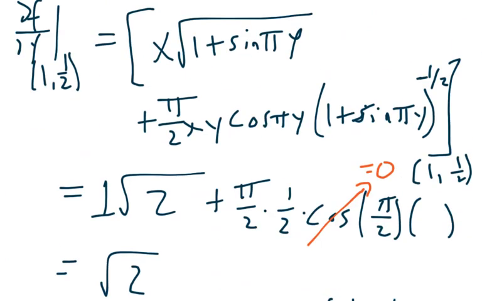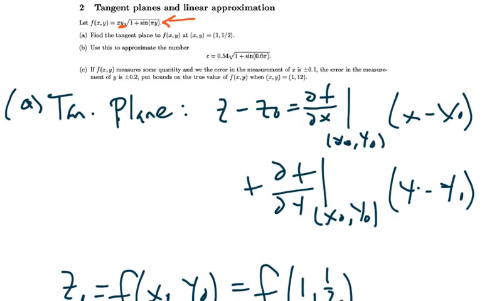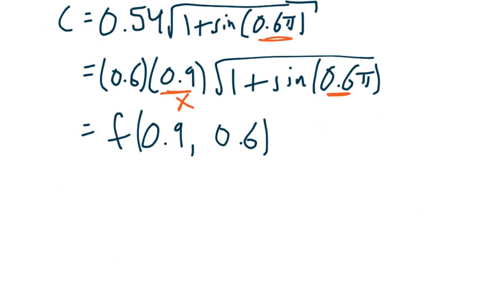Because if you look at our function, that's exactly what our function was: we have x times y, square root of 1 plus sine pi y. So immediately when you look at a problem like this, you should say, oh, I have something that looks like my function here.